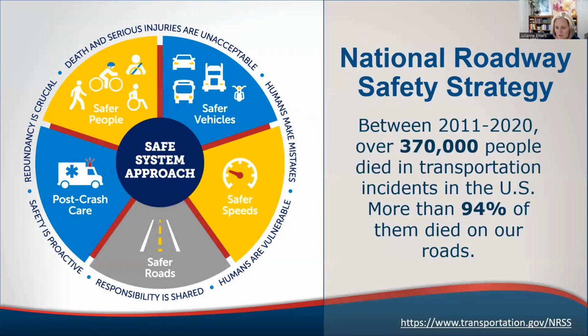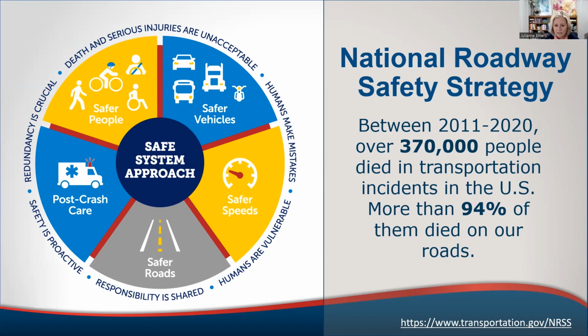So some of you are familiar with the National Roadway Safety Strategy. This was released last year by the Department of Transportation, and it focuses on addressing the 5 elements of the safe system approach: safer people, safer vehicles, safer speeds, safer roads, and post-crash care. We'll zero in on that post-crash care part of this for this discussion.